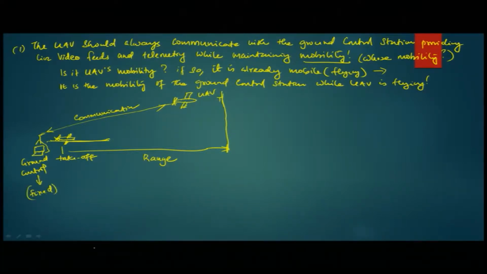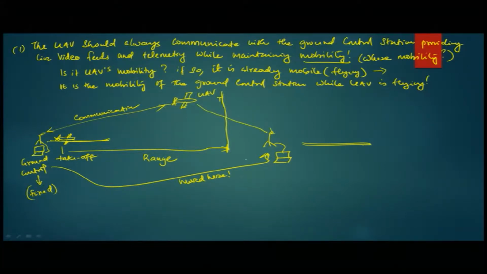Now one of the things that the user wanted was, once the UAV takes off, you can take this whole ground control and move it here. So let's say now your ground control, including the computer, moved here. Now let's say you have a runway here, then the UAV should still be able to maintain this communication and then come to this new area.